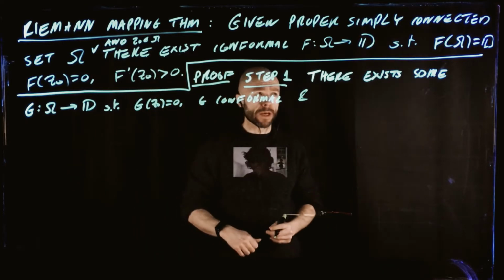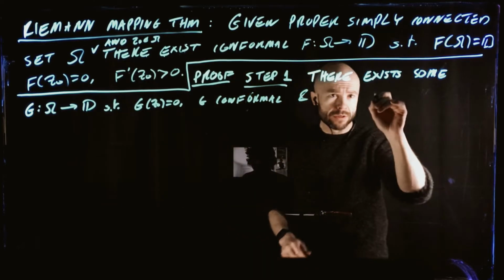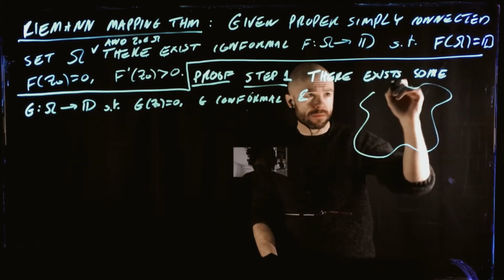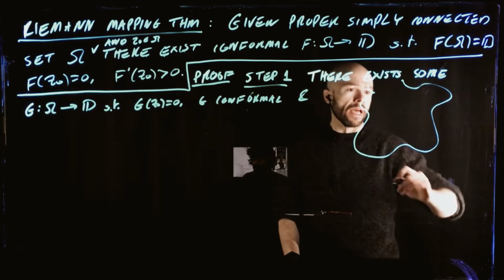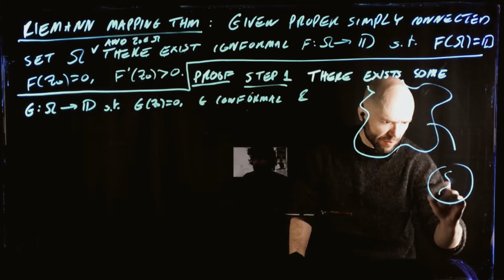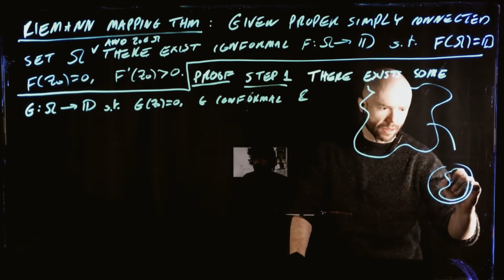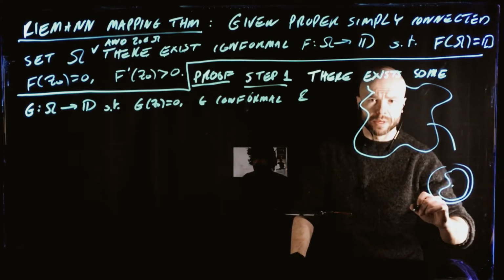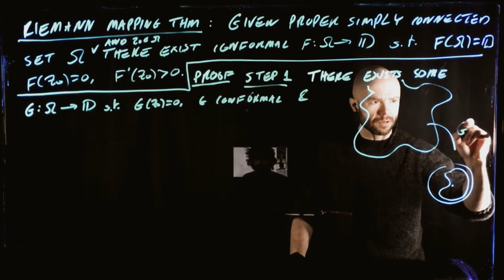Okay, so we have some arbitrary simply connected set, might be unbounded, whatever, and we're going to find some mapping G that maps it into something which is simply connected but lives inside the unit disk. And 0 will be a point inside the image of this thing. So this is what G is going to do.